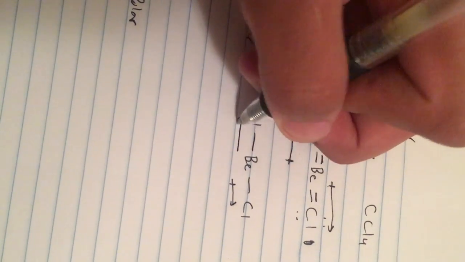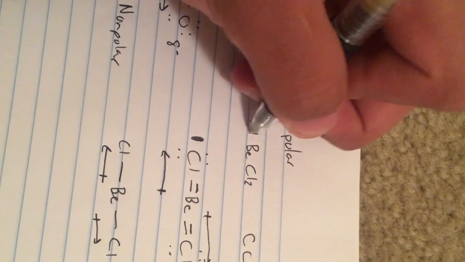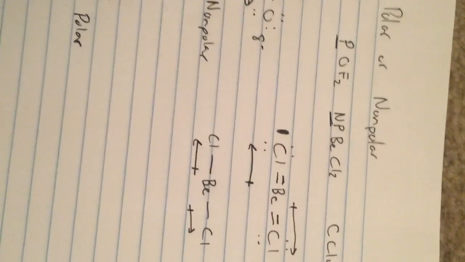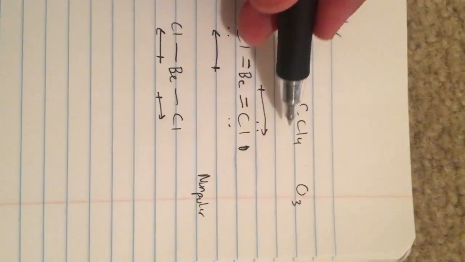The same thing. You have one going this way, one going this way, and these two will cancel each other out, and that makes this molecule nonpolar. So nonpolar, you can put NP there. So your next one, you have CCl4.